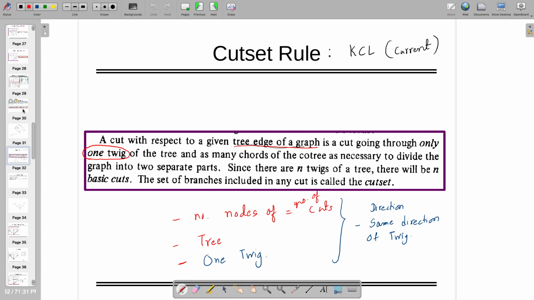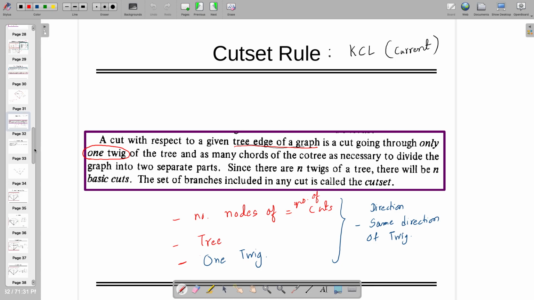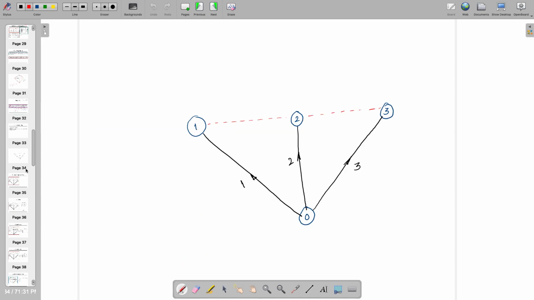If I want to cover one twig and all the chords, any arbitrary pattern is possible. But as this course progresses, you will understand how many cuts are needed and how many edges should be covered, because what you are asking is a general question, and this goes even to computer science engineering where people are making so many cuts.